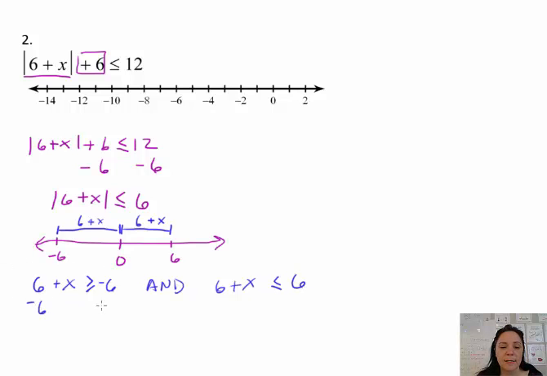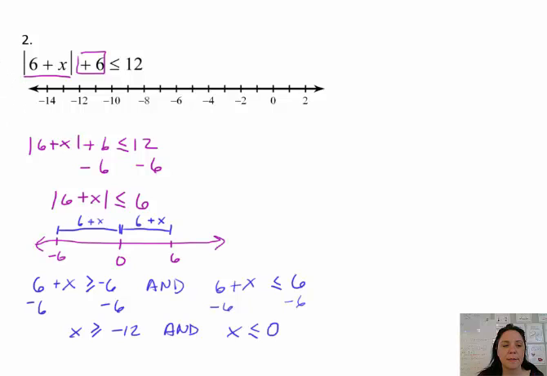So subtracting 6 from both sides, I have x is greater than or equal to negative 12, and subtracting 6 from this side, x is less than or equal to 0. So we want to graph that on the number line.